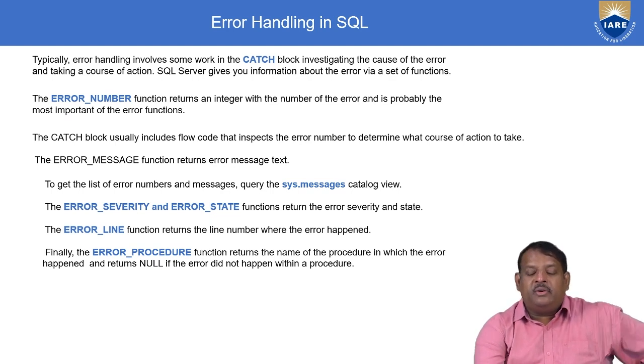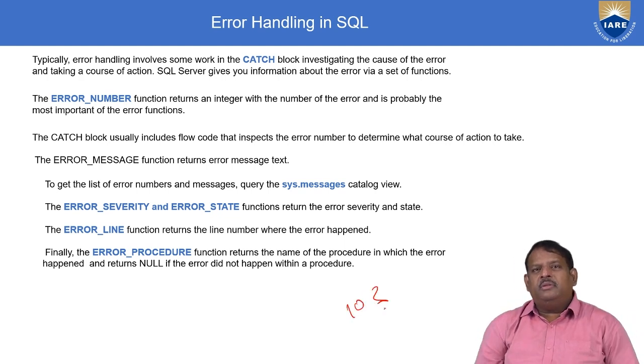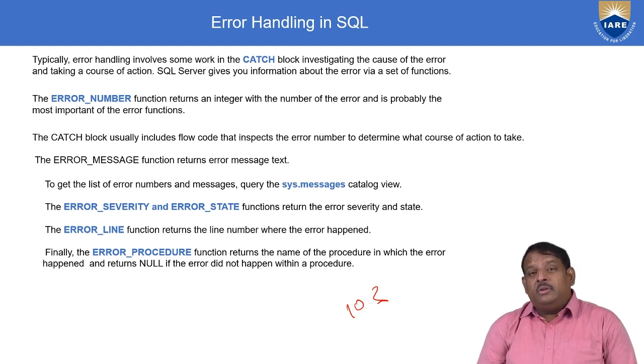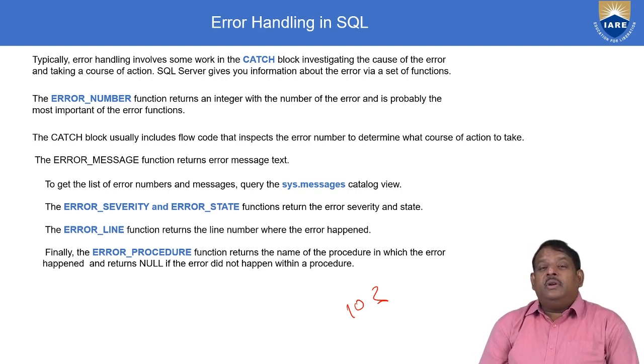Suppose I say to the end user, you got error 103. He'll ask me what this 103 is. But if you tell him that 103 means you're trying to divide by 0, that's why you got the error, that is the error message.